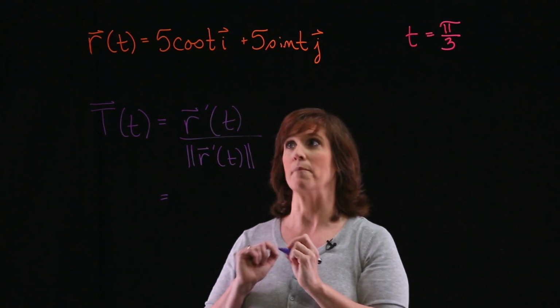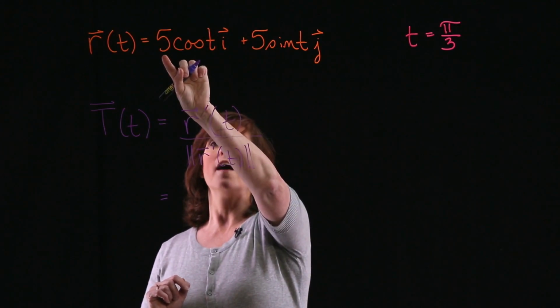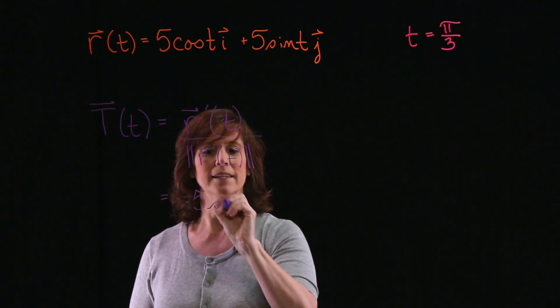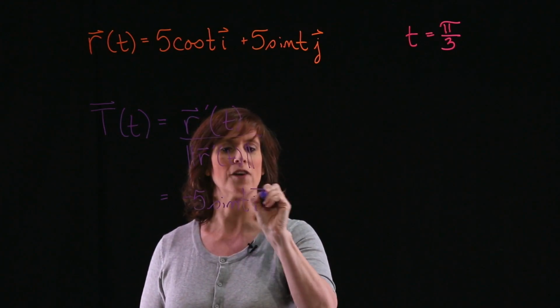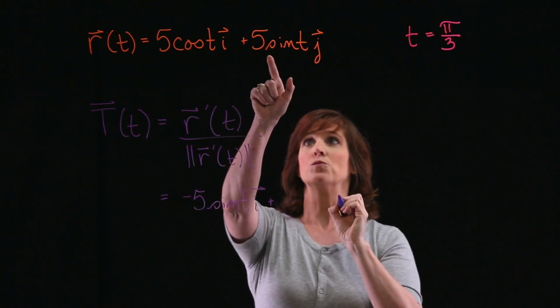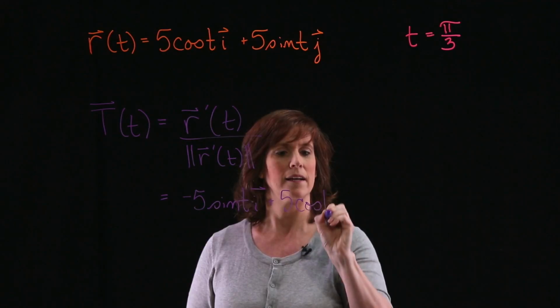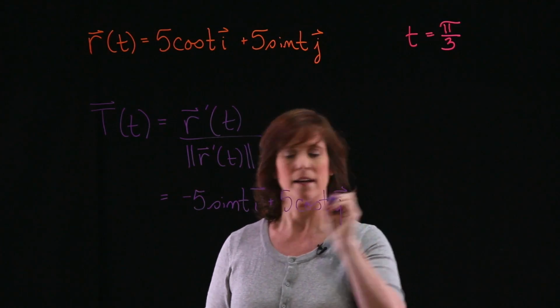I need r prime. So the derivative of 5 cosine t is going to be minus 5 sine t times vector i, and the derivative of 5 sine t will be 5 cosine t, and that's times vector j.